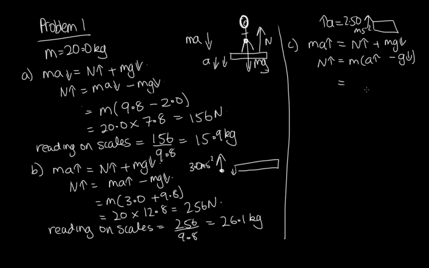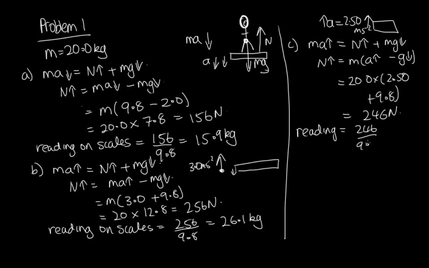And so we've got 20.0 times 2.50 and then minus 9.8, so that's plus 9.8. And so solving this on the calculator, we end up with 246 newtons, and so the reading is equal to 246 over 9.8, which gives us 25.1 kilograms.